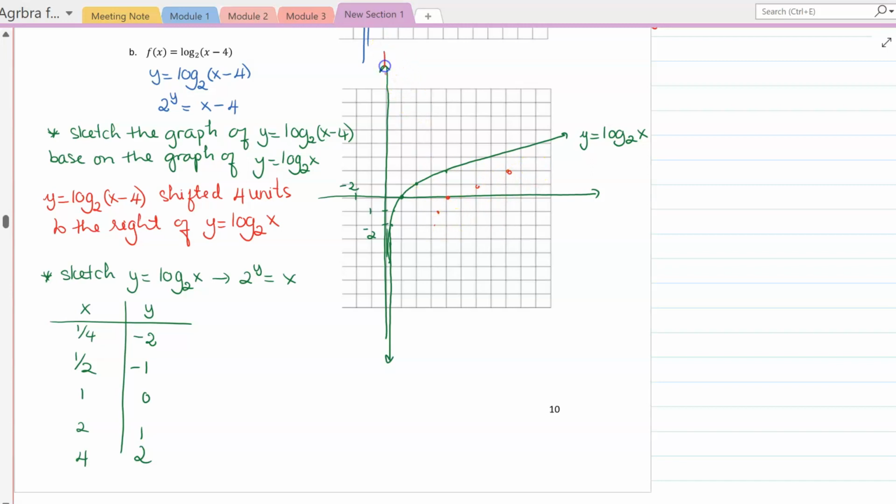So now the graph of y equal log base 2 of x has the vertical asymptote at x equal to 0. So when we move 4 units to the right, the vertical asymptote of log base 2 of x minus 4 is at 4. So here we have the vertical asymptote x equal 4, and move all of this 4 units over.